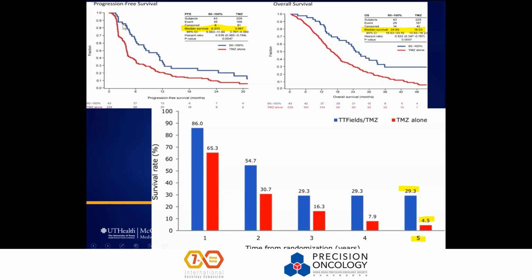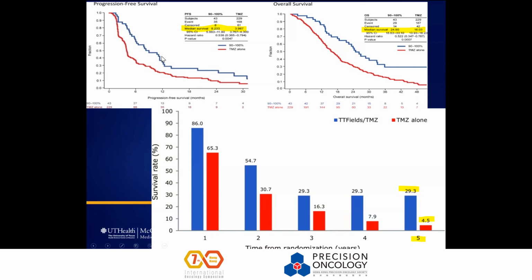This is the progression-free survival for this post hoc analysis for people with high compliance, that means 90 to 100% compliance, 43 subjects in this group. Obviously, this is in the treatment arm of the EF14, versus the TMZ, the standard of care arm.